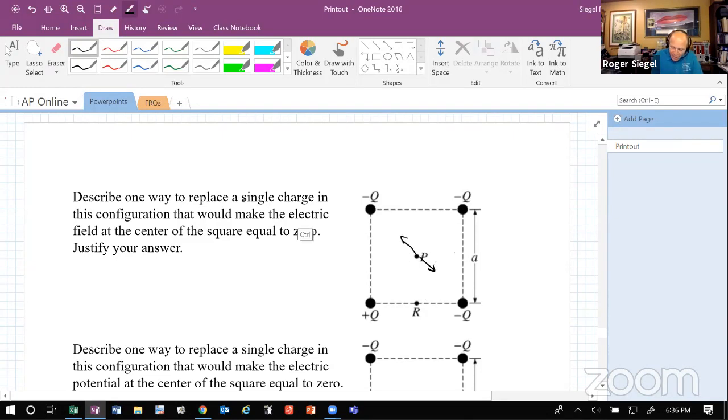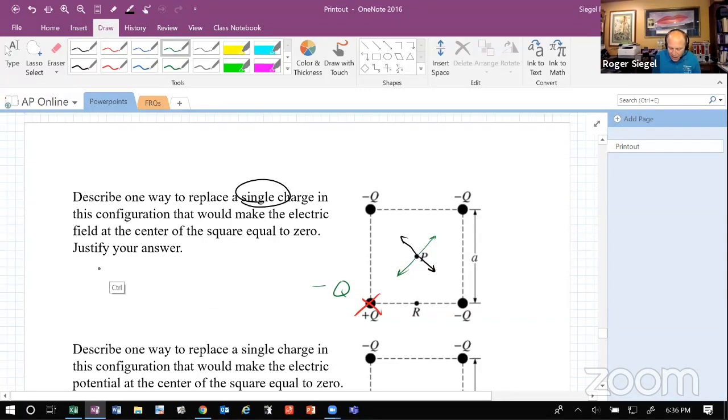So if I could replace a single charge to create more symmetry, what I would do is get rid of this positive charge, and I would make that a Q minus. If I did that, I would have an electric field in that direction, and the total electric field would be 0.